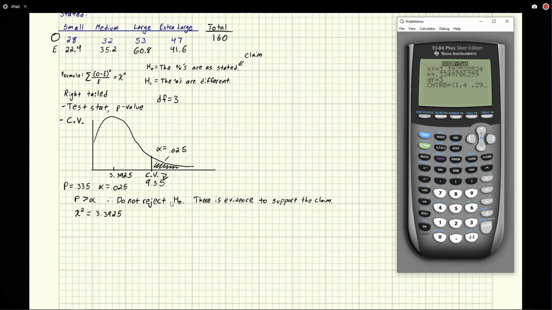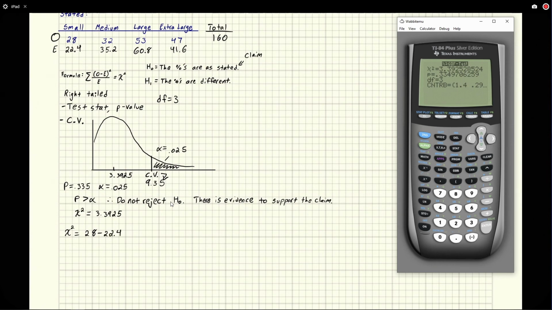So first off, we're looking for our chi-squared. So chi-squared will be equal to a bunch of additions of this process over and over and over. Our first one is our observed, which is 28, minus our expected, which is 22.4.